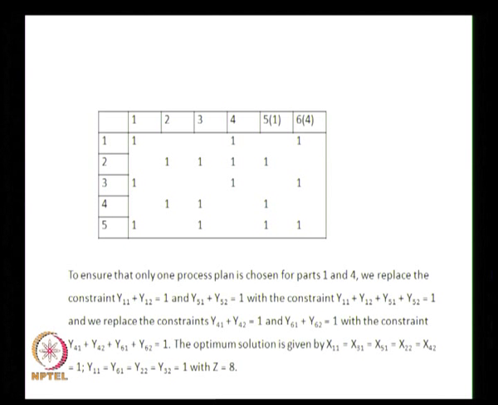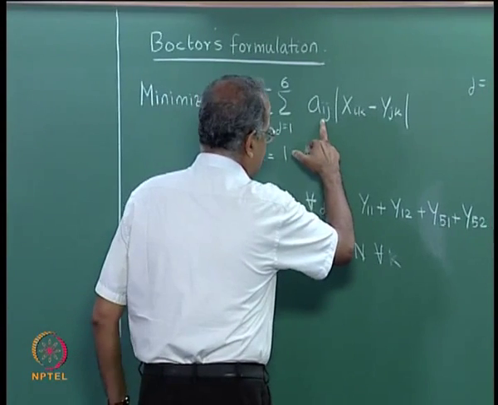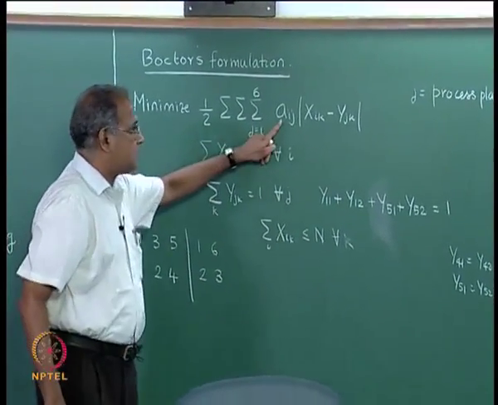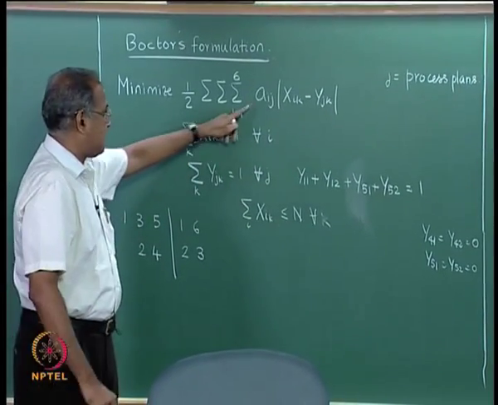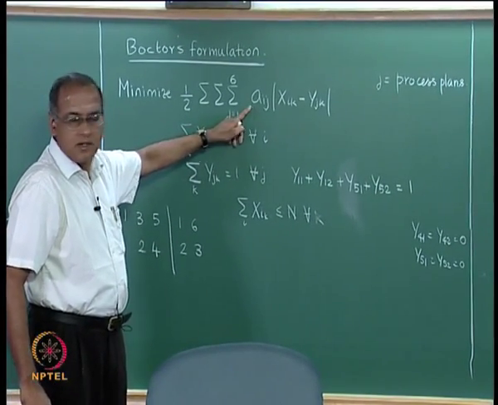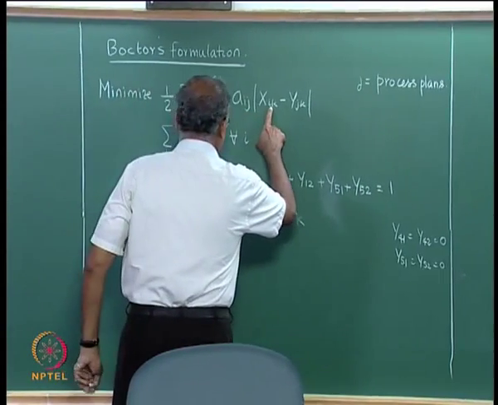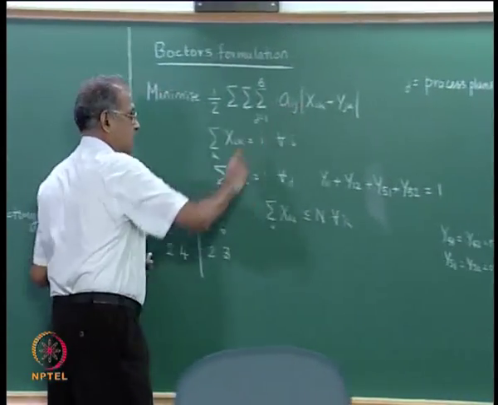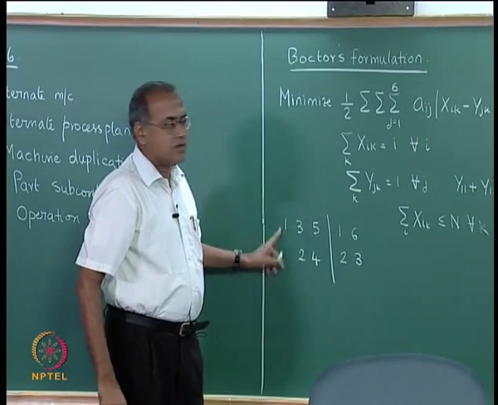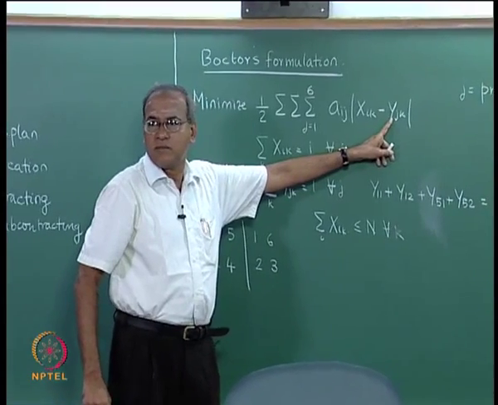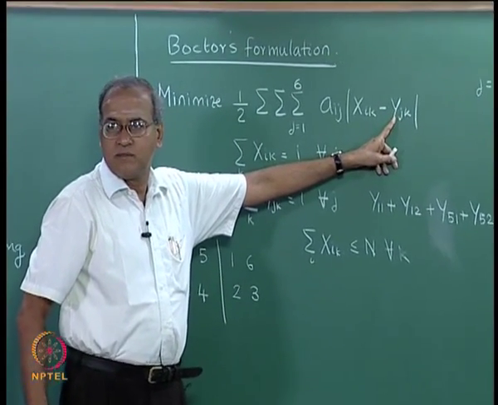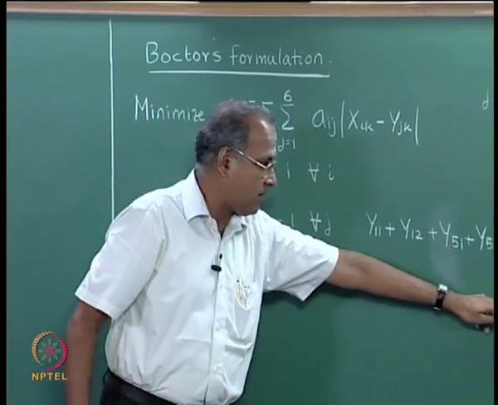So, we will have a situation where there is a visit A14 from this matrix, x11 is 1, y41 is 0.